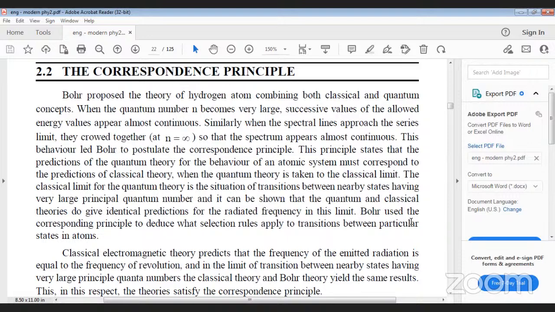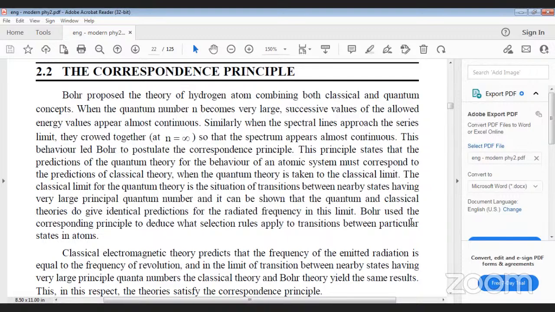Taking quantum theory to the classical limit, for transitions between nearby states with very large principal quantum numbers, the quantum and classical theories give identical predictions for the radiated frequency, E equals h nu. So the radiated frequency is nu here.